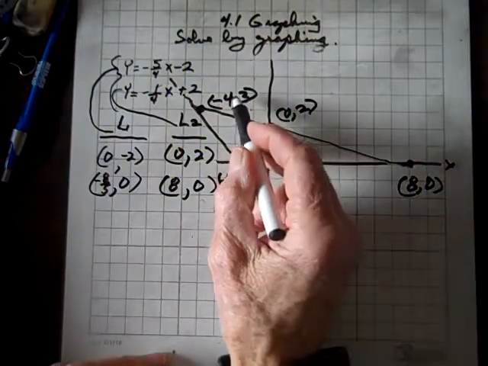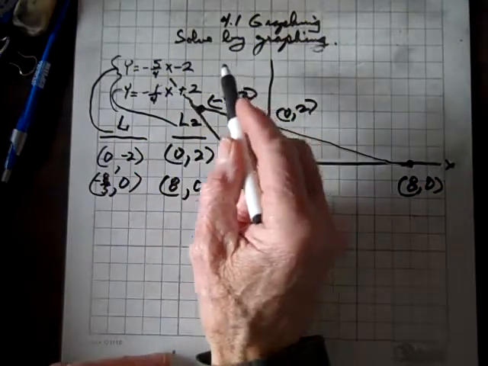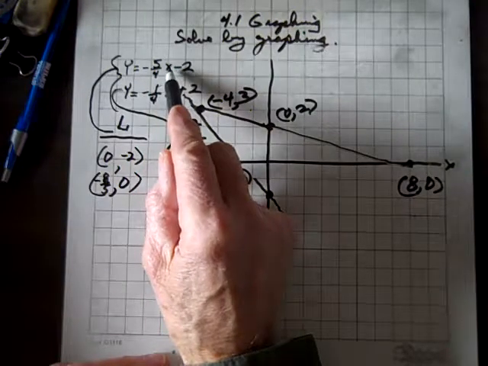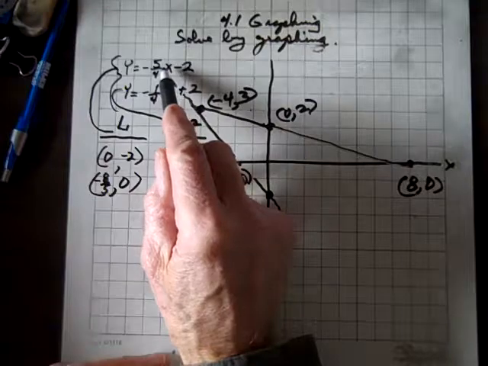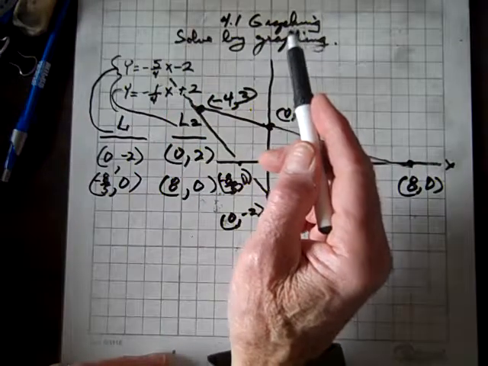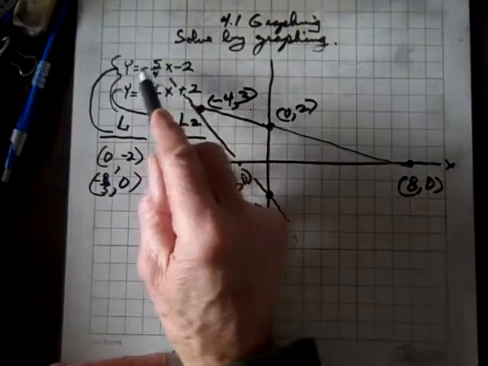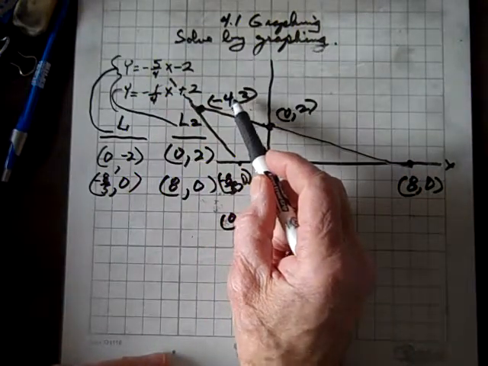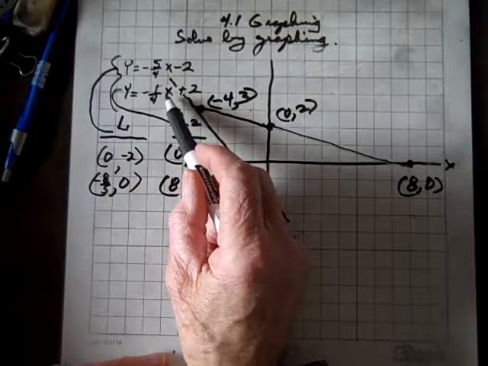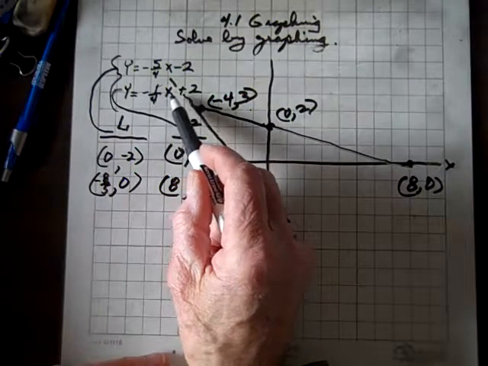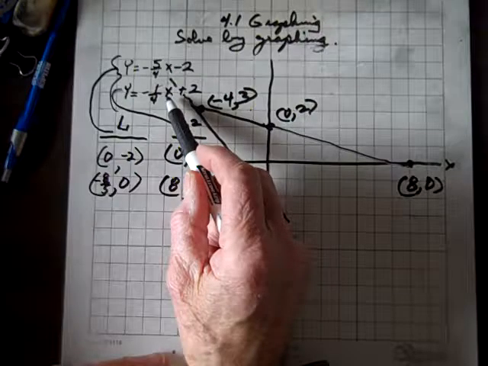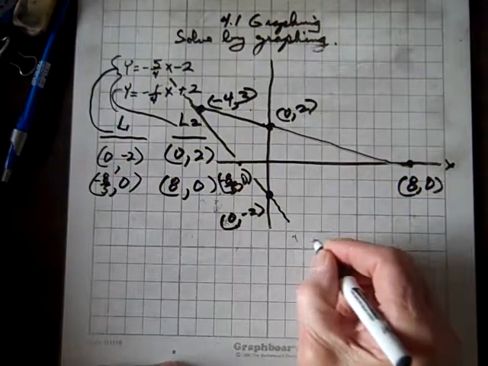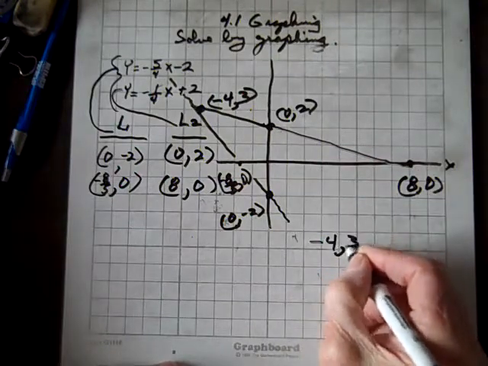Now if we run that ordered pair through each equation: -5/4 times -4, the 4's divide out, we get a positive 5, and 5 minus 2 is 3. If we run this ordered pair through this equation, negative 1/4 times negative 4 is 1, and 1 plus 2 is 3. Hey, it works. So the solution is negative 4, 3.